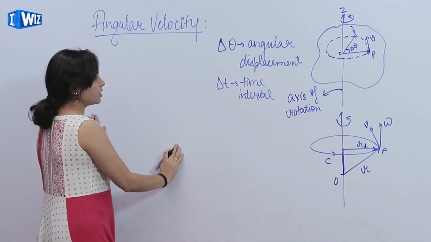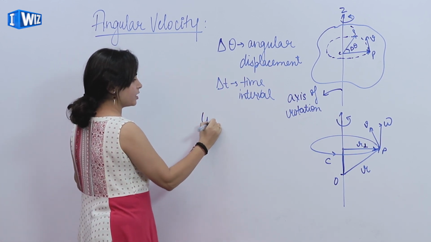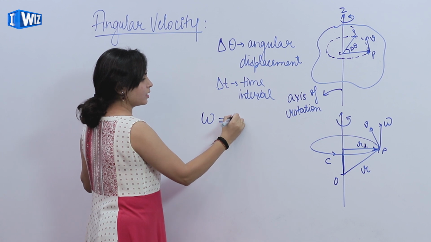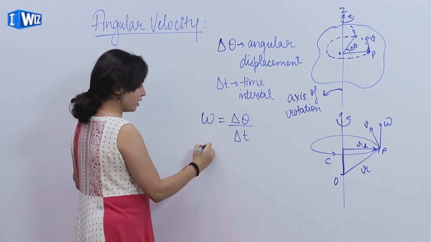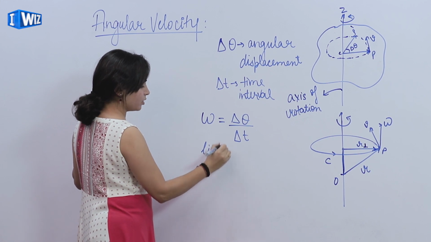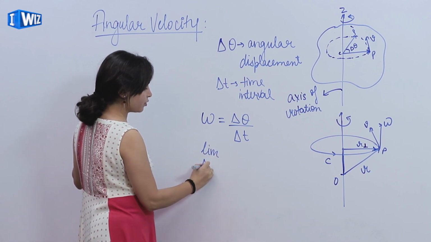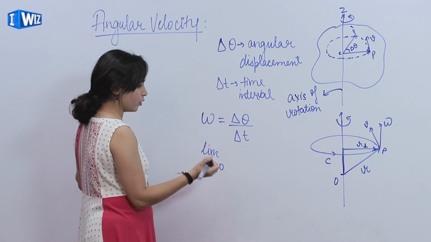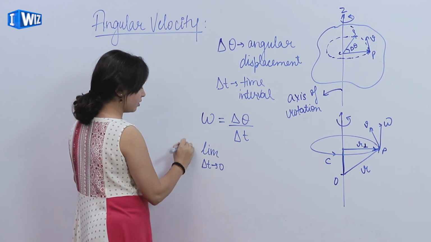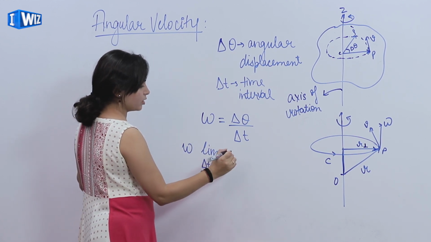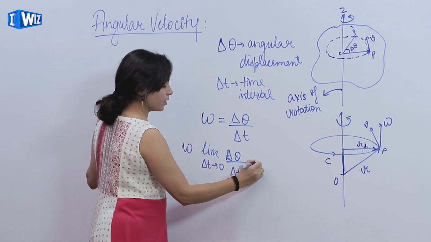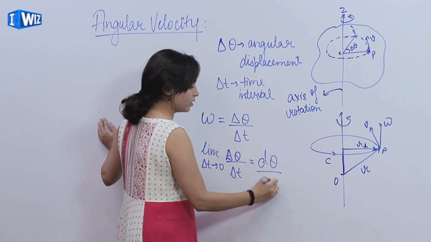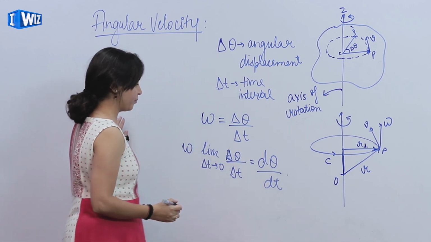सो एंगुलर वेलोसिटी क्या होगी, which is denoted by omega, that will be delta theta upon delta t. If we approach limit delta t to 0, we'll get omega is equal to d theta upon dt.